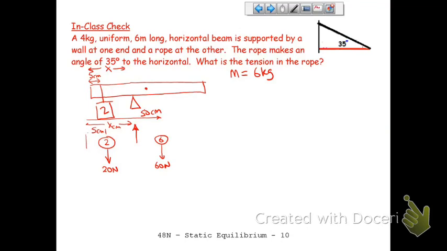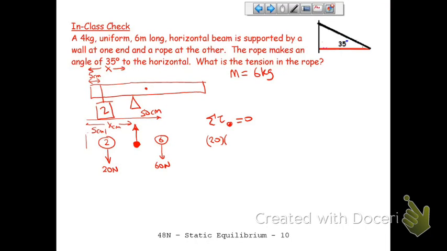So we can say the sum of the torques about our turning axis equals 0. And let's put our turning axis here. Why not? So I don't need to worry about it.